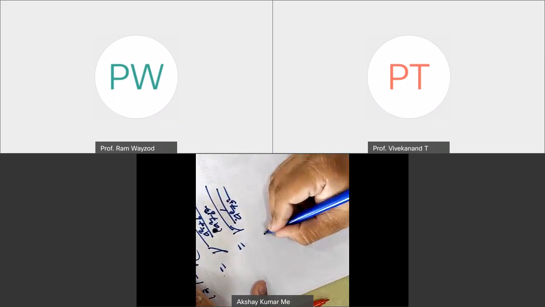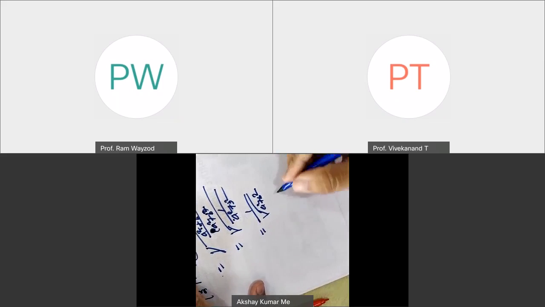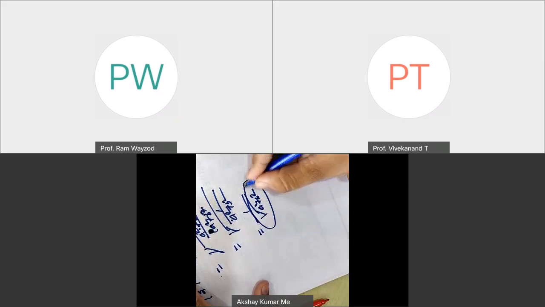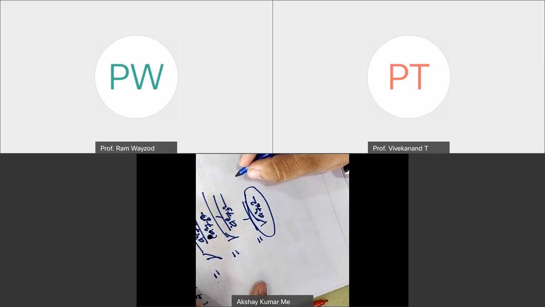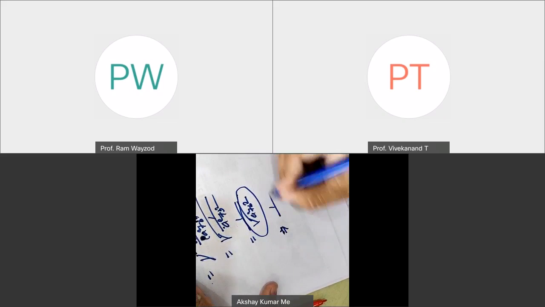Simple calculation: 1 upon root of a square plus b square. And since this denominator is less than 1, we get 1 upon root of a square plus b square greater than 1.